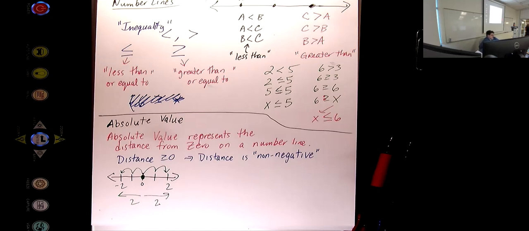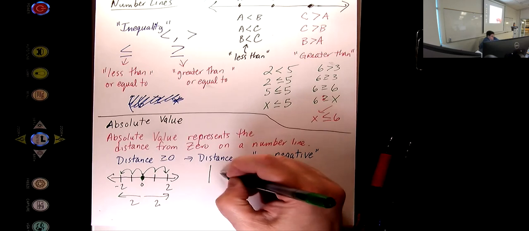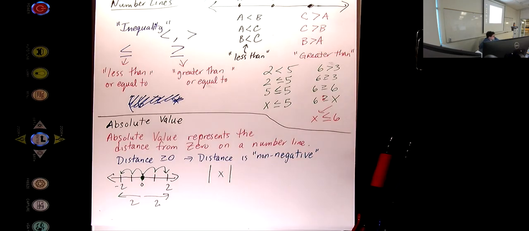The way we represent absolute value is with vertical bars that tend to be bigger than the regular ones. So if you make one a certain size, make the absolute bars bigger, both above and below.